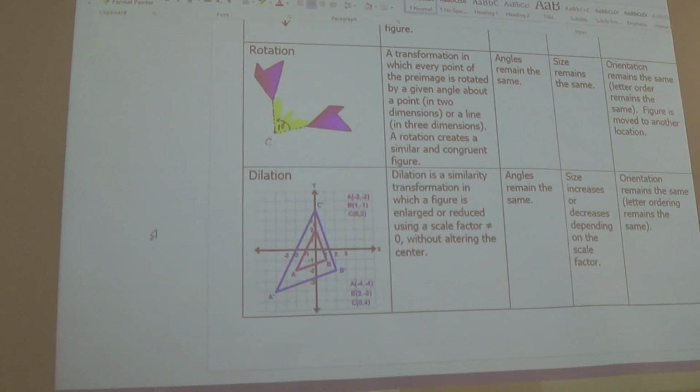All right. Questions on any of that so far? I know we spent a little time on those dilations, probably more than we should have. Do you want this one? What can I have? Angle of rotation.